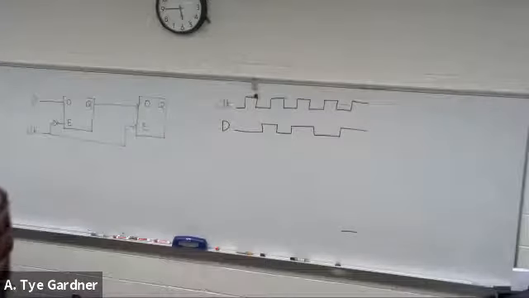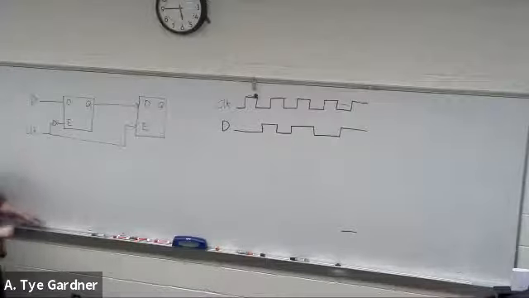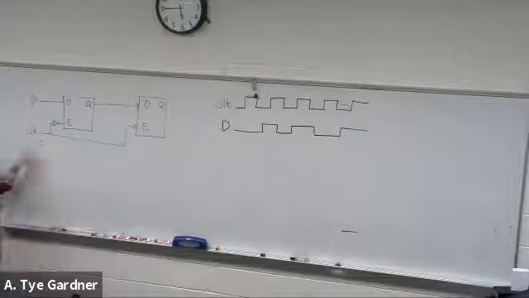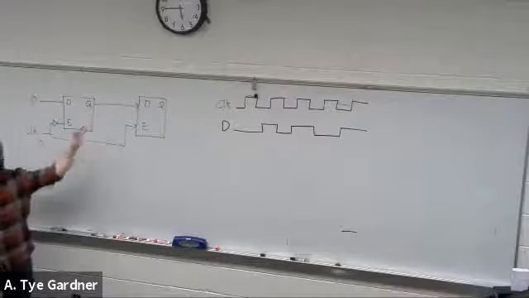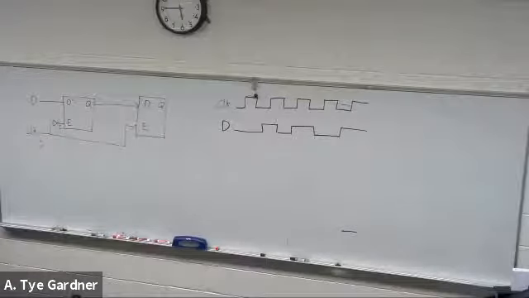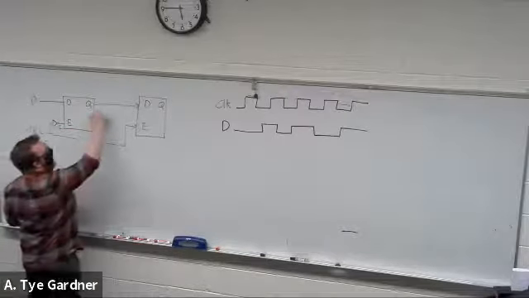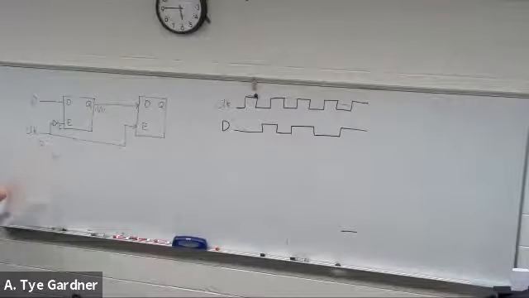So let's think about this. When the clock rises, so when the clock is 1, well, actually, let's start with 0. It's a little bit easier. So if the clock is 0 here, whatever data is doing passes right through, right? Because 0 here means 1 at enable. Okay, well, then this means it's sitting and kind of wiggling up and down, doing whatever it wants, until this goes to 1.